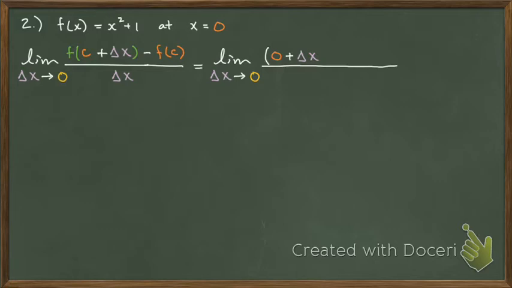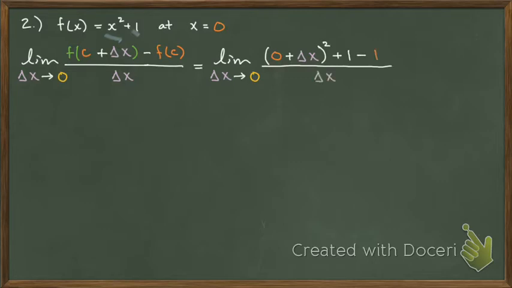Okay, so every x here is x then squared, and I get a plus 1 from this extra 1 here. Subtract what I get when I plug in 0 to my function. 0 squared is 0 plus 1 is a 1, and I'm going to subtract that.